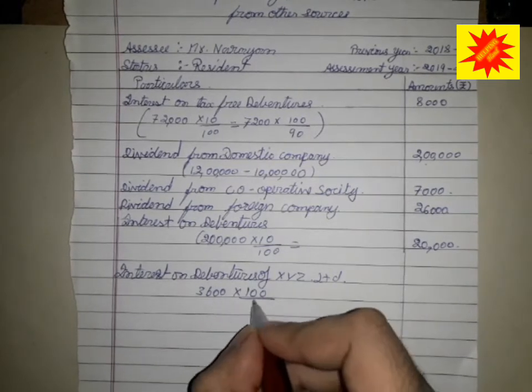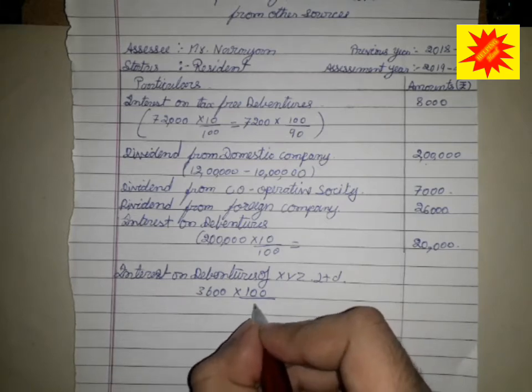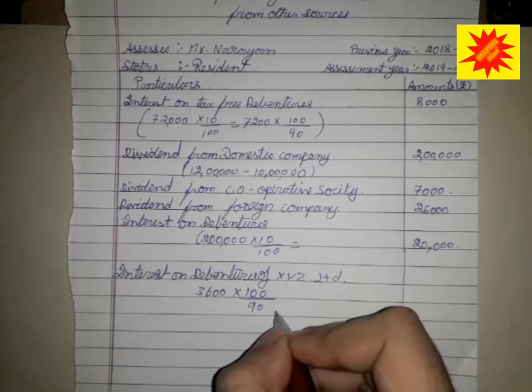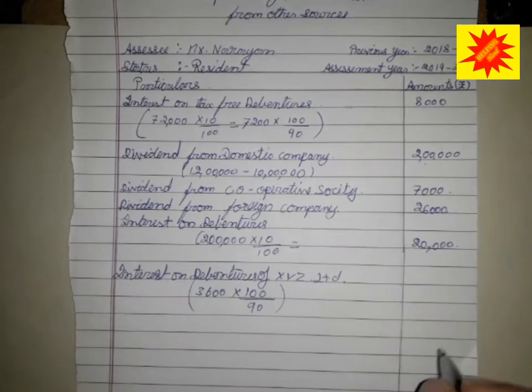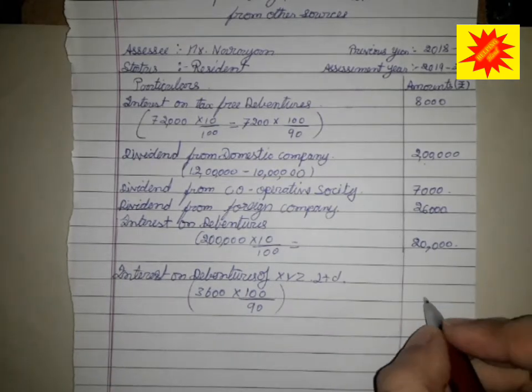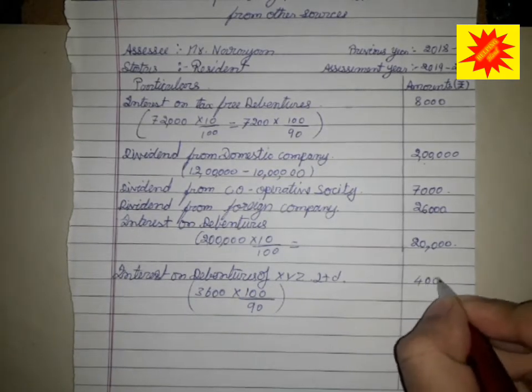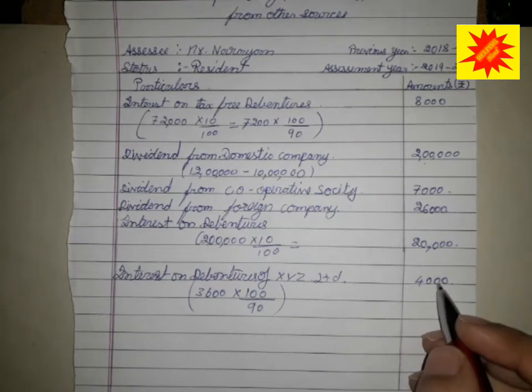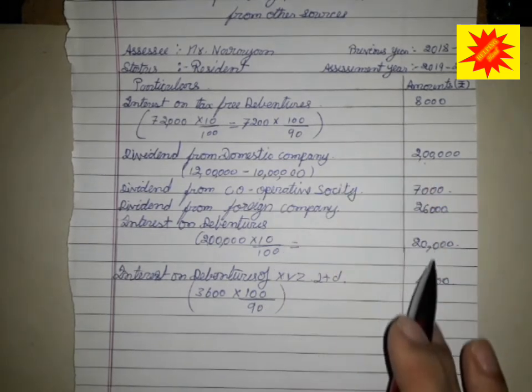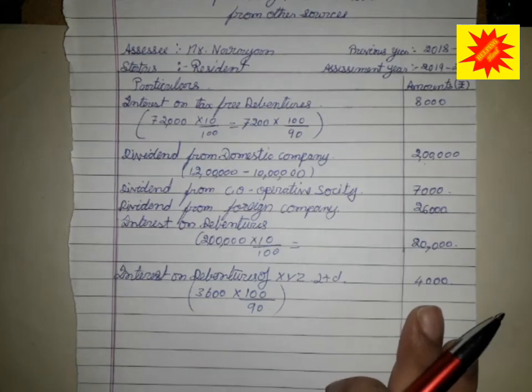This is net interest into 100 divided by 90, that is 100 minus 10. We will get 4,000 as our amount. This is our gross interest. Always only the gross amount will be considered in the amounts column.